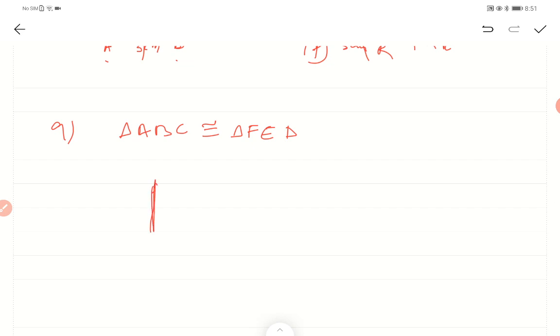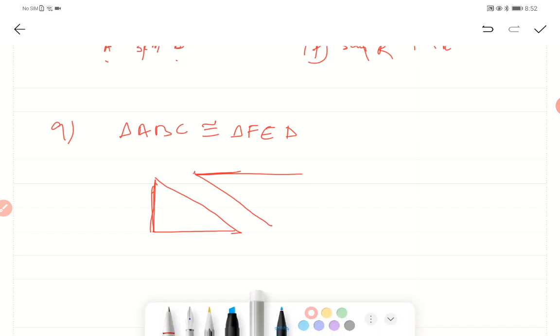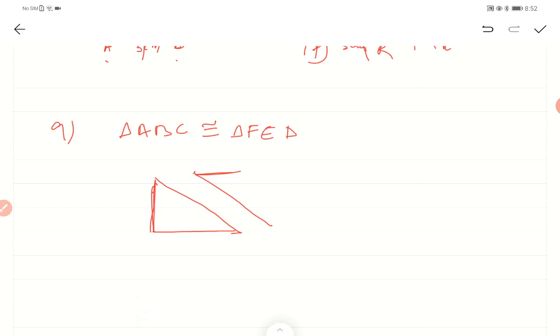You just need to observe this picture and explain to me why these two triangles are congruent. Okay, let me draw this picture. So this shouldn't come so much back, so I would take from here.